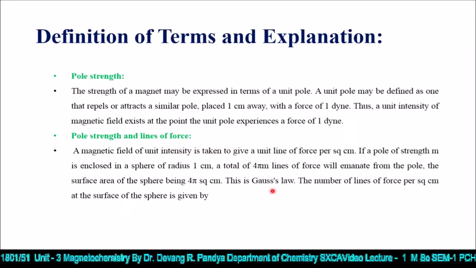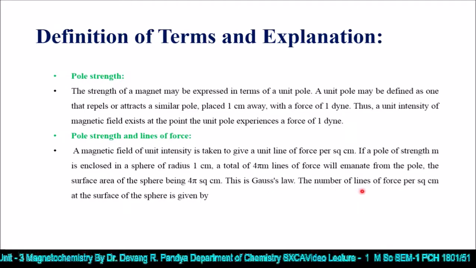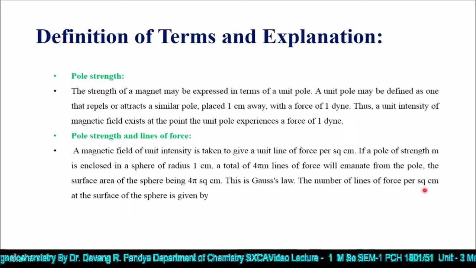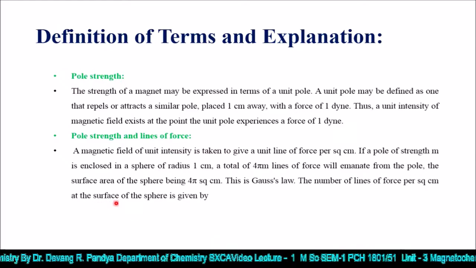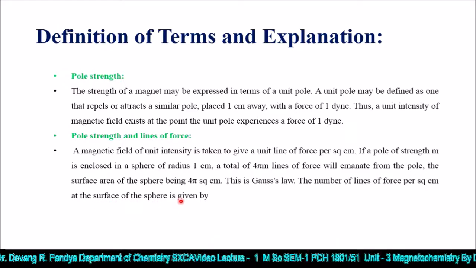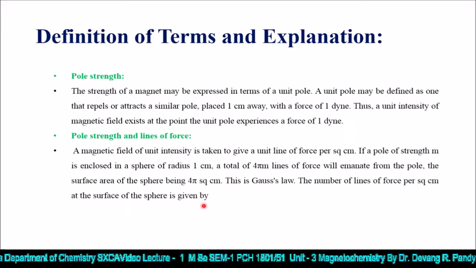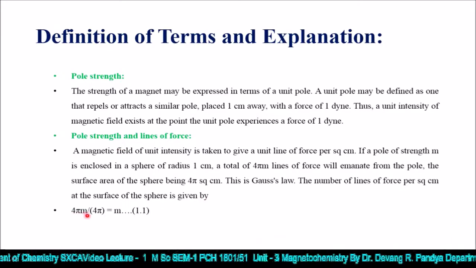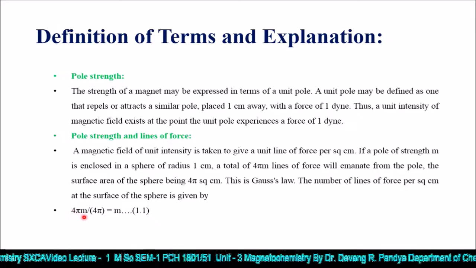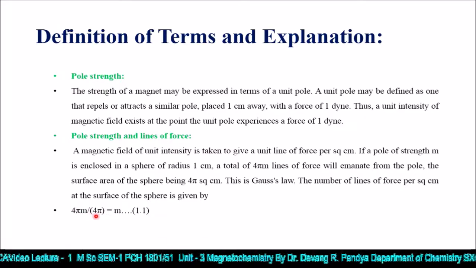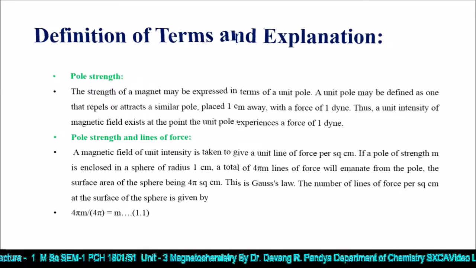This is Gauss's law. The number of lines of force per square centimeter at the surface of the sphere is given by 4πm divided by 4π, which is equal to m.